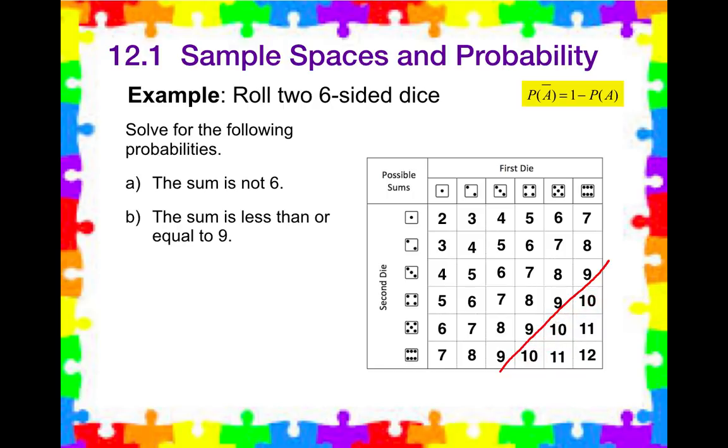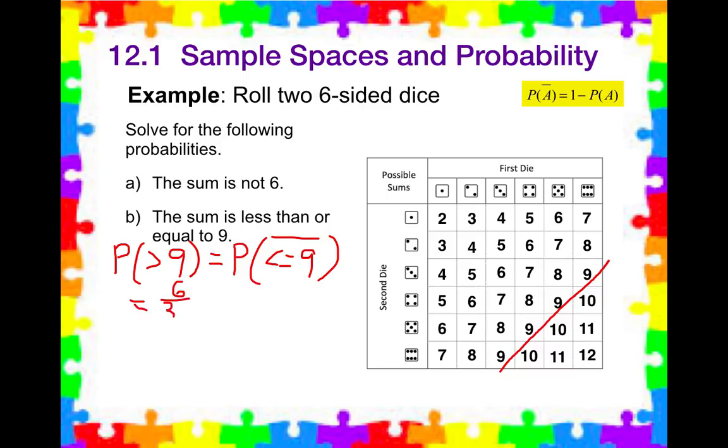So there's 1, 2, 3, 4, 5, 6. 6 things. So the probability that it is greater than 9, which is the same thing as saying the not of less than or equal to 9, equals 6 over 36.